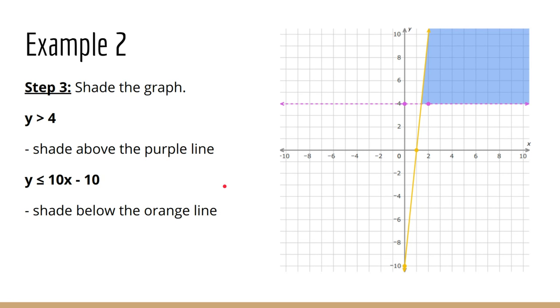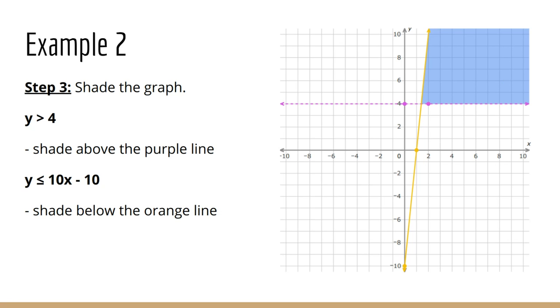And then the last step is shading or utilizing the shading for both of the lines. So if you said you were going to shade above the purple line, that's perfect because we have that greater than symbol right here. So shading above the purple line, while still keeping in mind that we have to shade below the orange-yellow line.